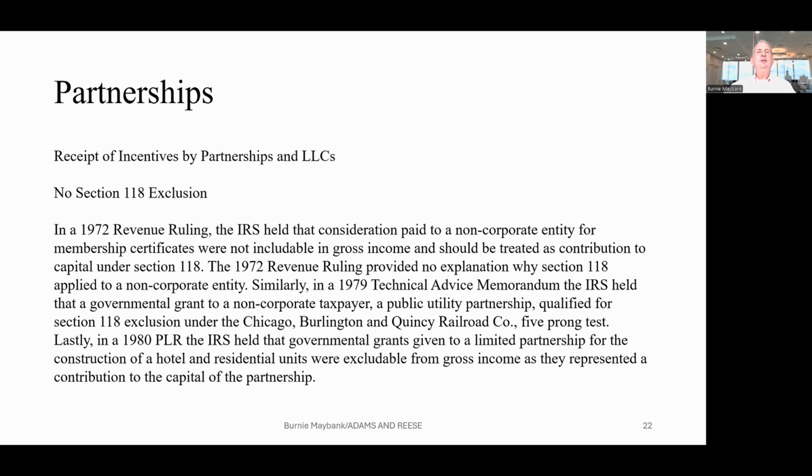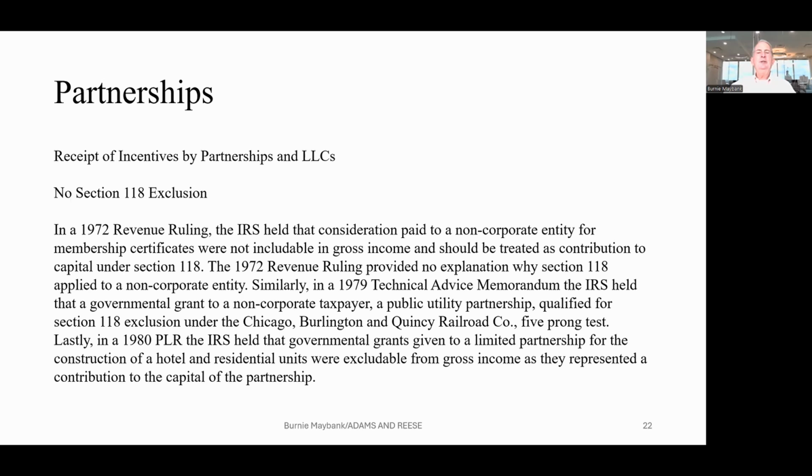So Section 118 does not apply to partnerships. So in 1972, a revenue ruling held that grants to a non-corporate entity were not includable in gross income. But they didn't explain why that was the case, since Section 118 doesn't apply to partnerships.